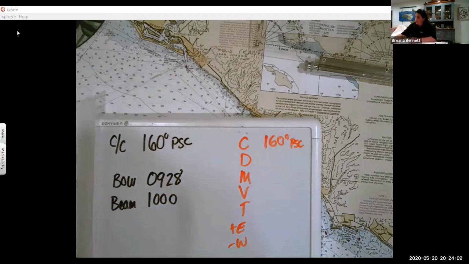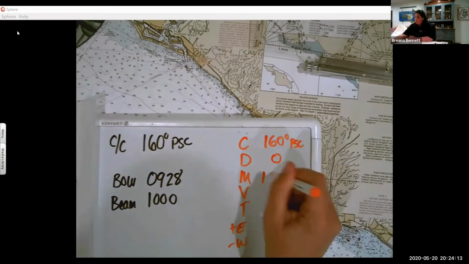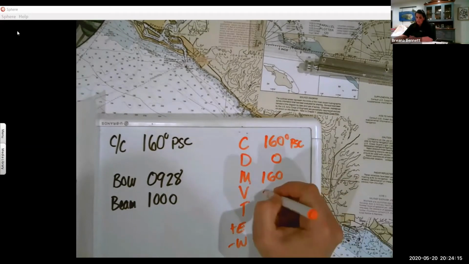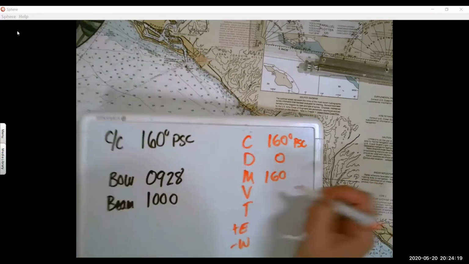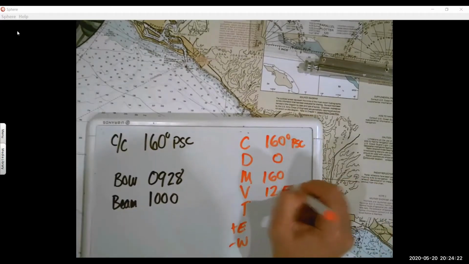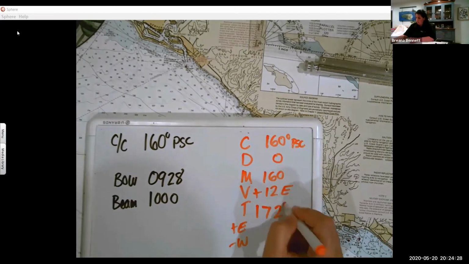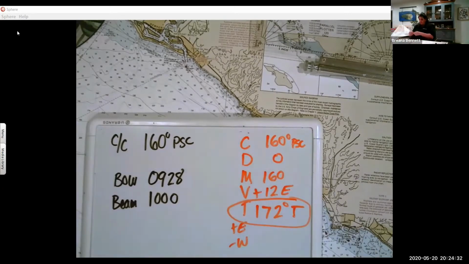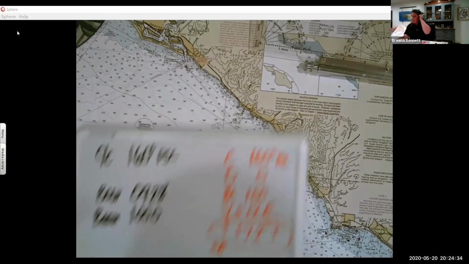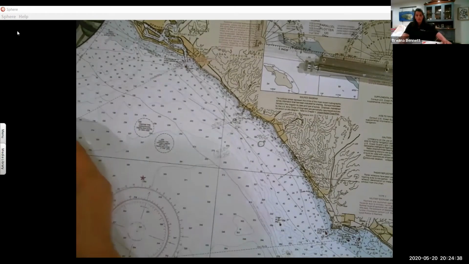Yeah, I think I said that. So we have 0, 160, and then our magnetic variation was 12 east. East is we're going to add, so we have a true of 172 degrees true. Okay, so we can plot our 172 degrees true.